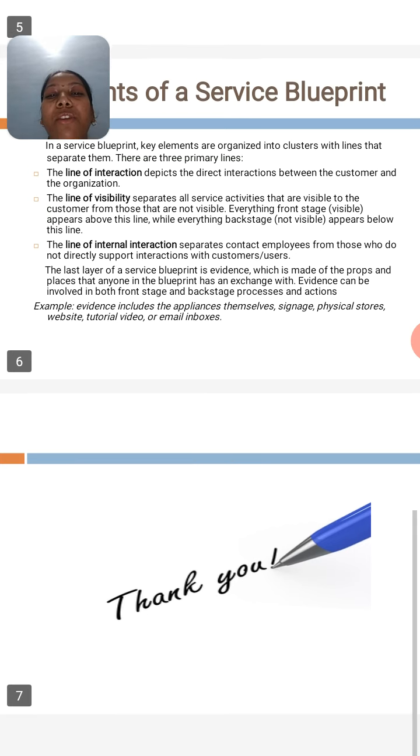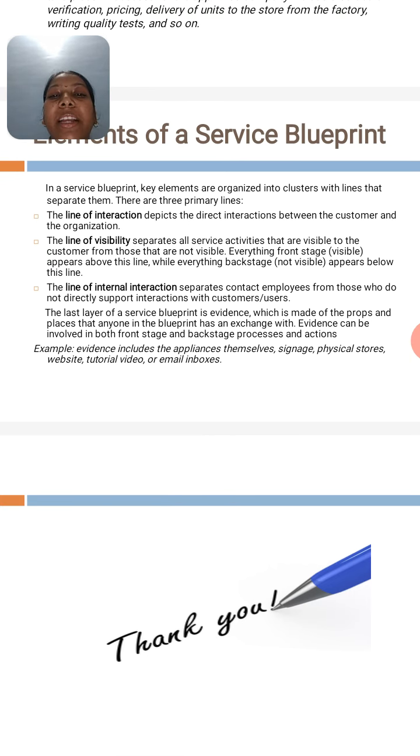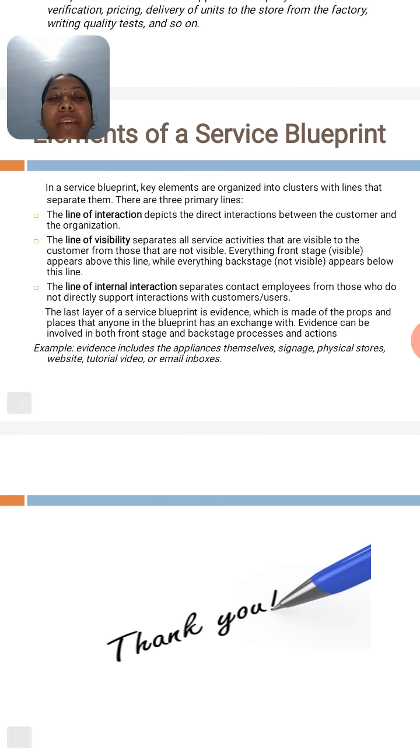Third, the line of internal interaction separates contact employees from those who do not directly support interactions with the customer, otherwise the user. The last layer of the service blueprint is evidence, which is made of the props and places that anyone in the blueprint has an exchange with.